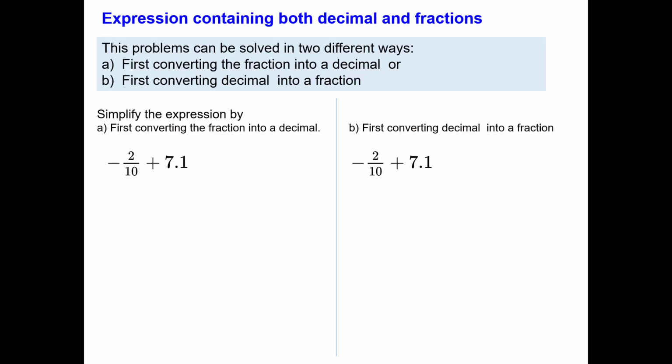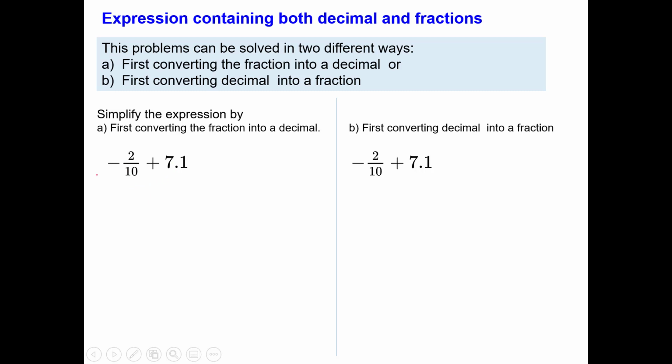Now we want to calculate expressions that involve both decimals and fractions. There are two ways we can solve the problem. First, we convert the fraction into decimal and then calculate, simplifying the expression.